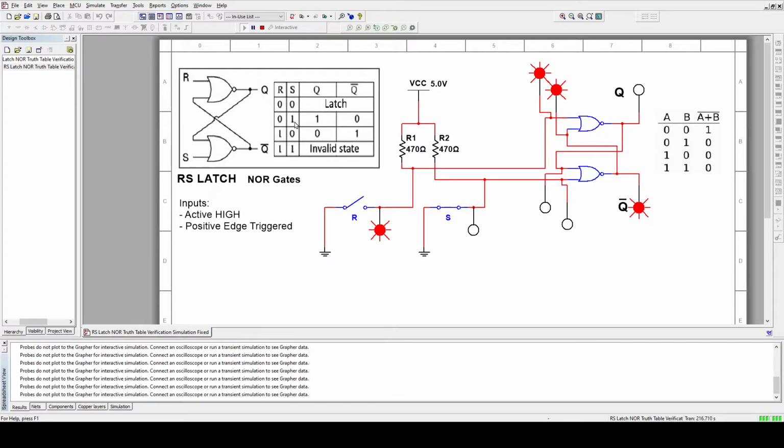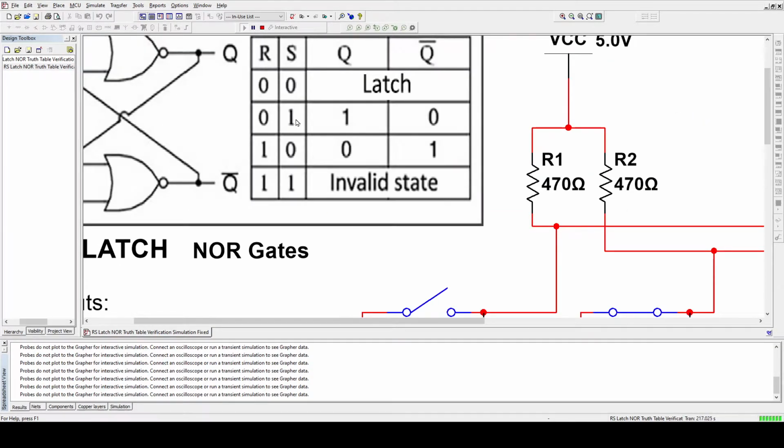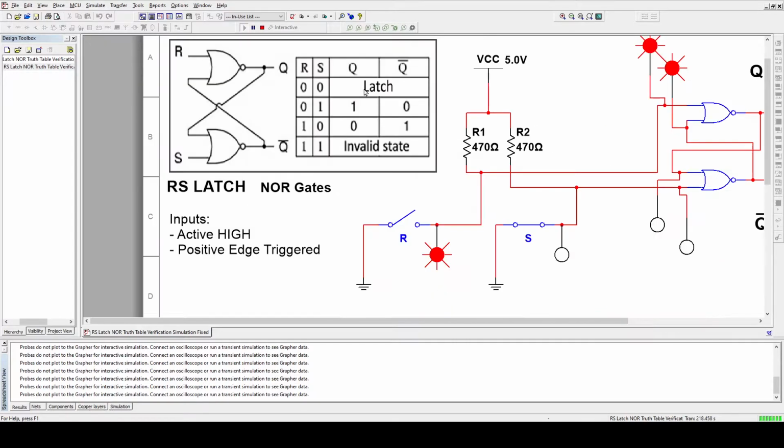So if this was a monostable multivibrator, then if we applied one momentary 1 and came back to 0, this condition would be only valid while this 1 is applied. When we go back to 0, this output state would go back to whatever it's set to be at rest. So it's not a monostable multivibrator.